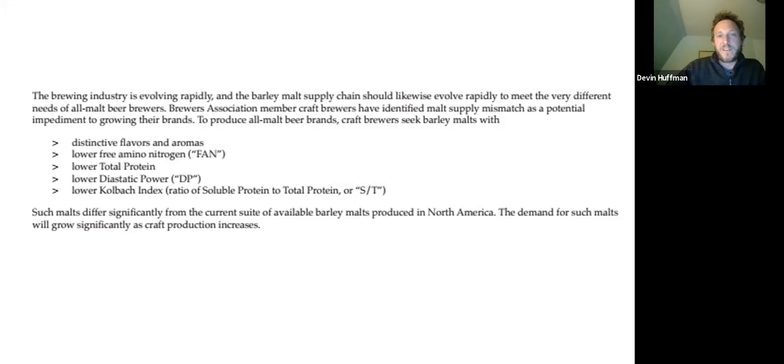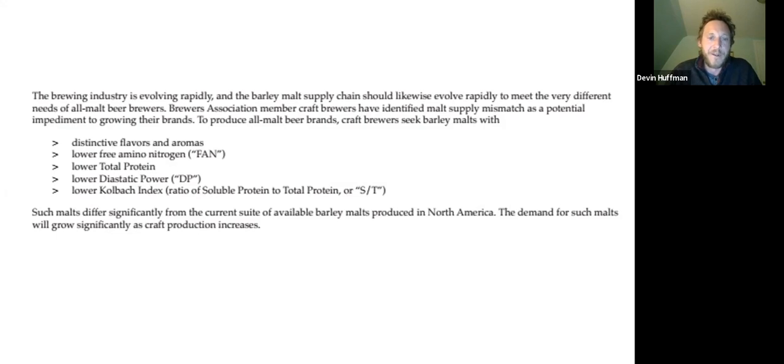So taking all that into consideration, really the reason why we ended up looking at European varieties is because the European brewing industry has typically been more driven by all grain brewing compared to North America. So the malts have evolved in Europe a little bit more towards adjunct brewing. I think it's becoming a little bit more common. And the malt brewing programs have adapted to meet those needs.